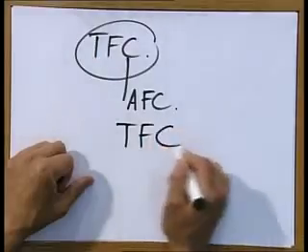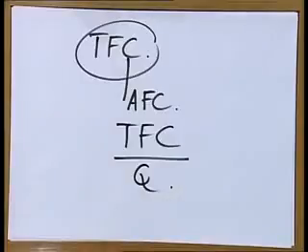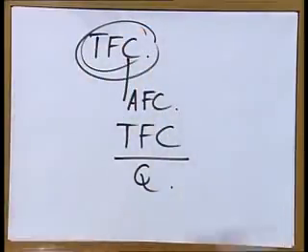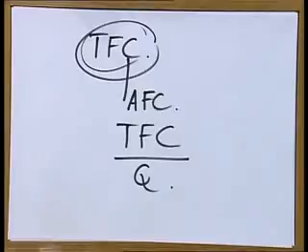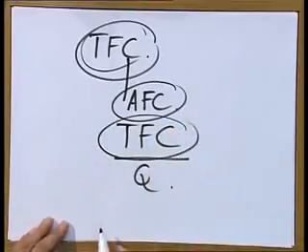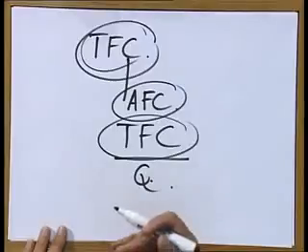The formula for AFC is your total fixed cost divided by the quantity of output. You get your total fixed cost, which remains constant irrespective of your output, and from there you can calculate average values for all of these cost concepts. So what is your average fixed cost? It is your total fixed cost, which remains constant, divided by the number of units.